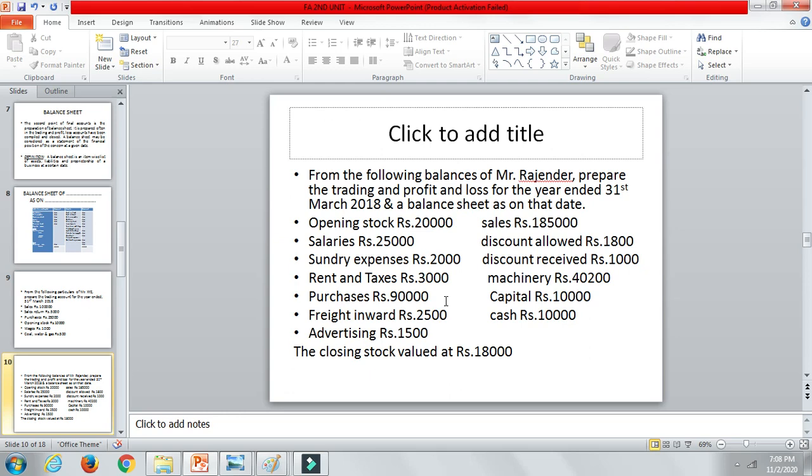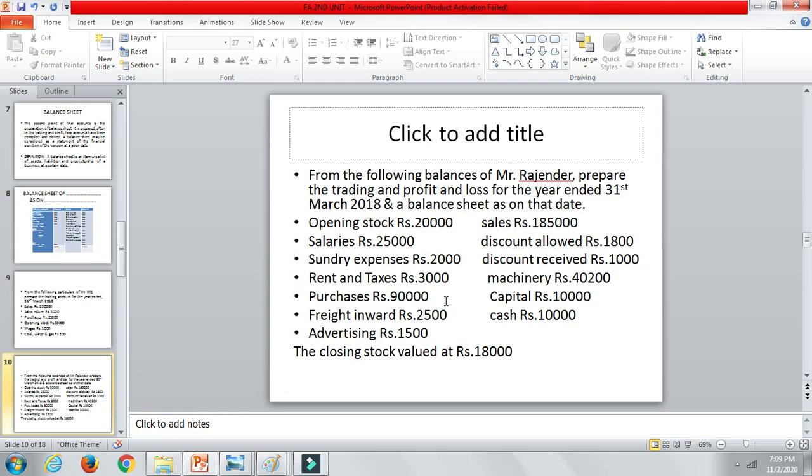Salaries has been given as 25,000. Opening stock would be an expense of trading, that is manufacturing, so it will come on the trading debit. Salaries is an office related expenditure, so it will come on the profit and loss debit side. He is asking us to prepare the trading account, profit and loss account and a balance sheet, so we need to prepare all three accounts in this problem.